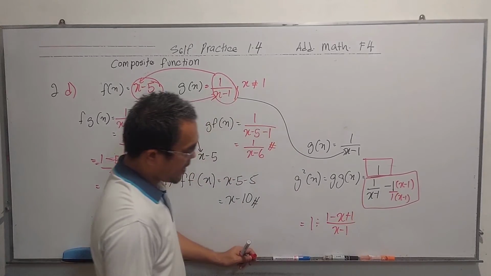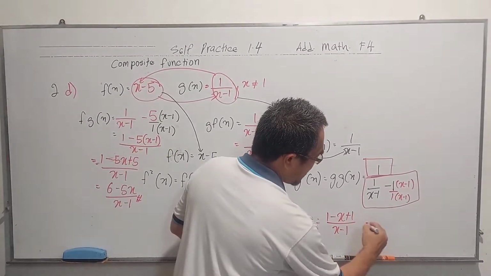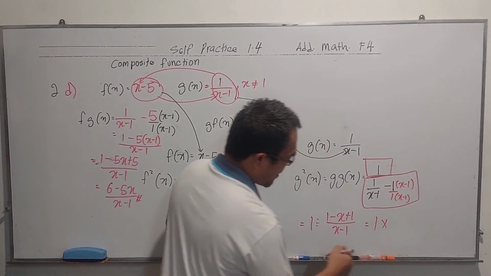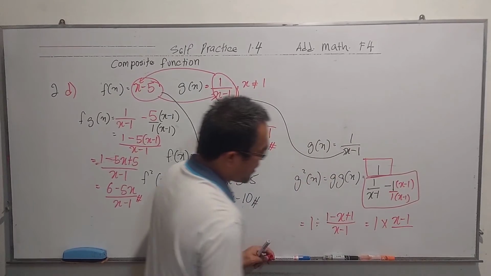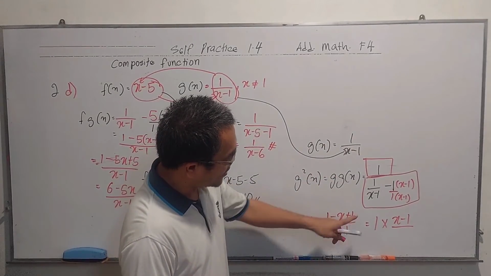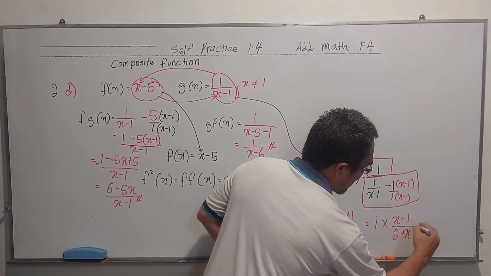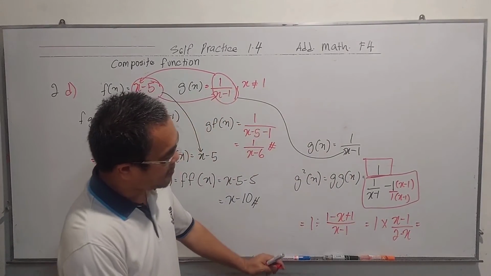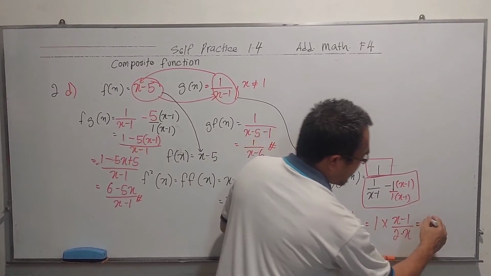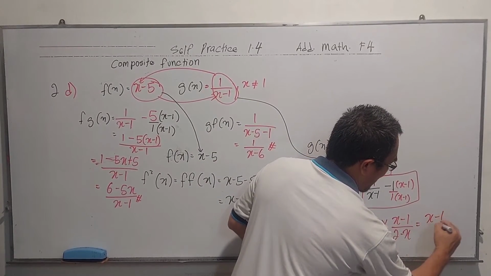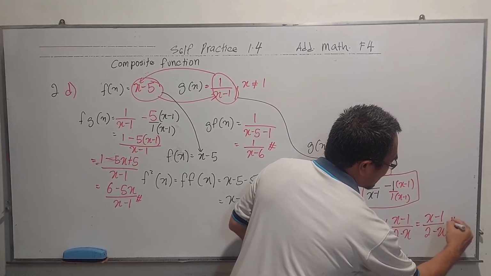And then you can change this divide to multiplication. So this one will come out. So x minus 1 over this one will be 1 plus 1 will be 2, 2 minus x. So the final answer will be, because you multiply by 1, it does not change the value on the right side. So x minus 1 over 2 minus x.